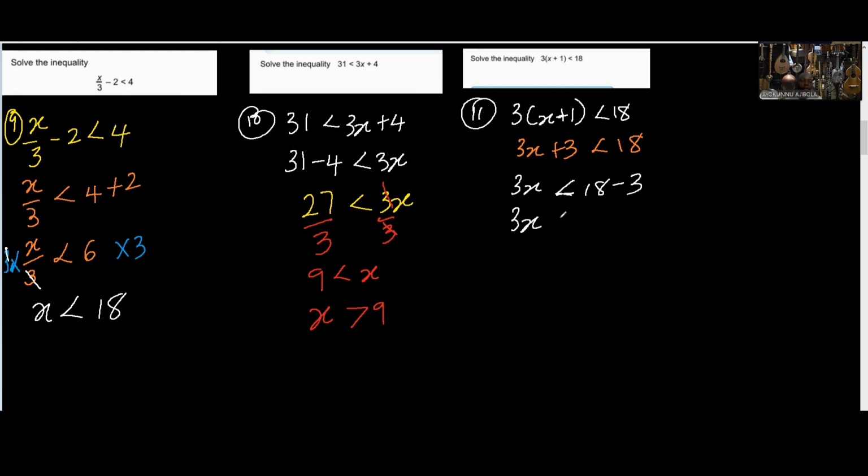Then 3x less than 15. So what do I do next? Divide both sides by what? 3, the number beside the letter. So we have x less than 5, and this becomes the solution.